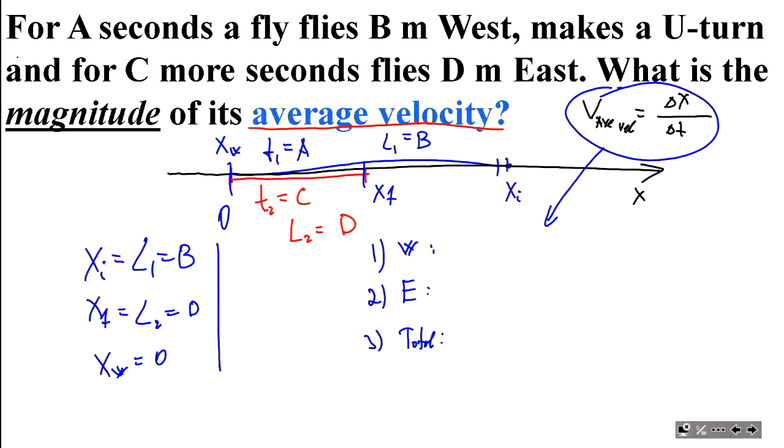So there should be some average velocity on its way to the left, and that should be equal to x final 1 minus x initial 1 over delta t 1. That's x final 1, which is 0, minus x initial 1, which is L1 or b, and the time was a. That's it.